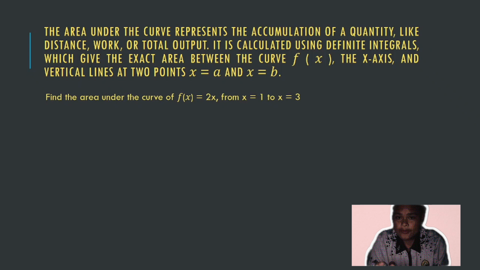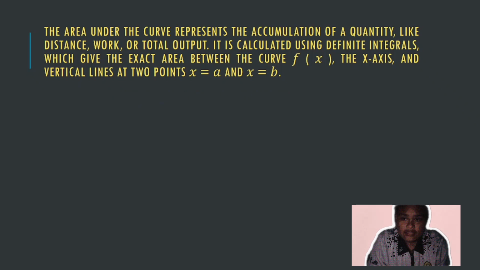So, our formula for that is just the same, but we have a lower and upper boundary. The upper boundary is b and the lower boundary is a.